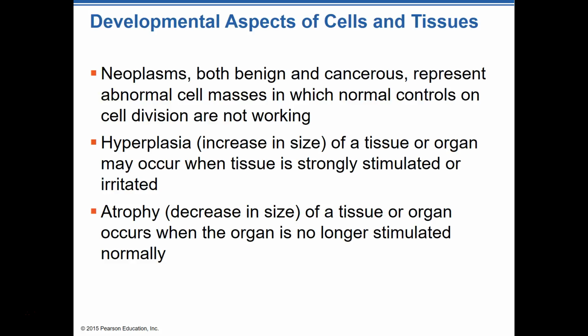There is the possibility of what are called neoplasms. They can either be benign or cancerous. Basically, they're just abnormal masses that grow within our bodies. There can be a cause, like you spent too much time in the tanning bed, or it can be just, we don't know why. It just happens.